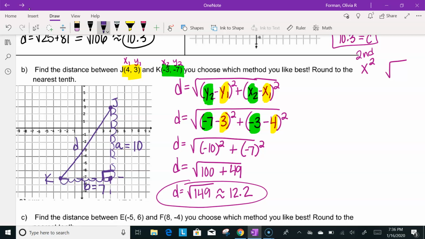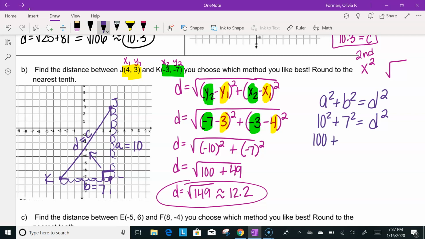So if I'm going the Pythagorean theorem route, A squared plus B squared equals C squared or D squared, whatever you're using there. Remember, they're just talking about that side that's across from the right angle. That's what we're trying to find. I substitute those numbers in. So my A is 10, my B is 7, and the distance is what I'm looking for.